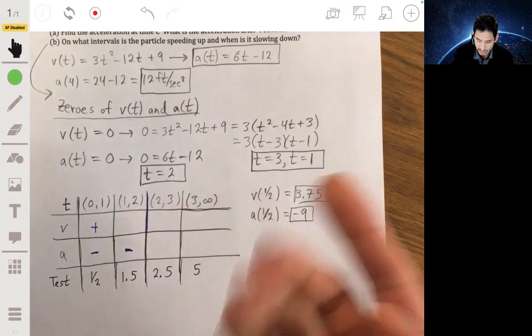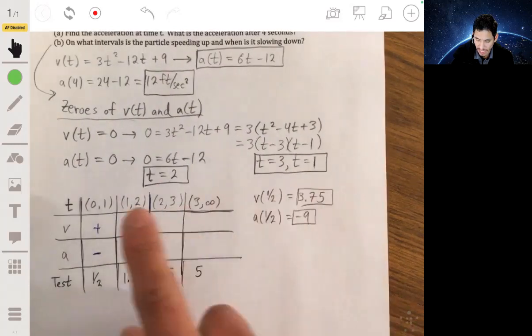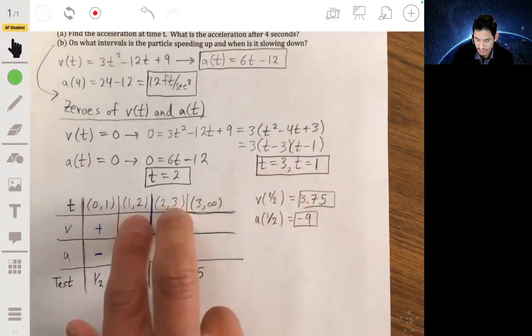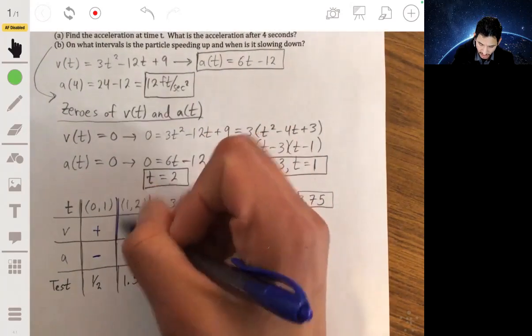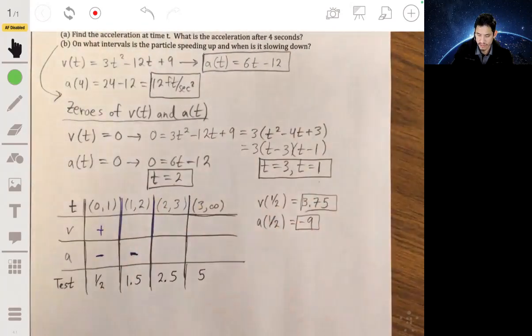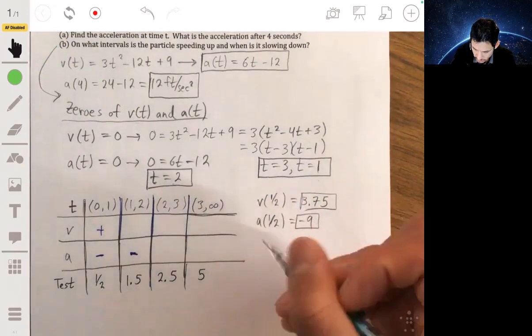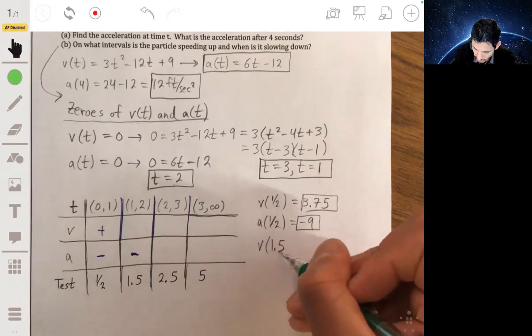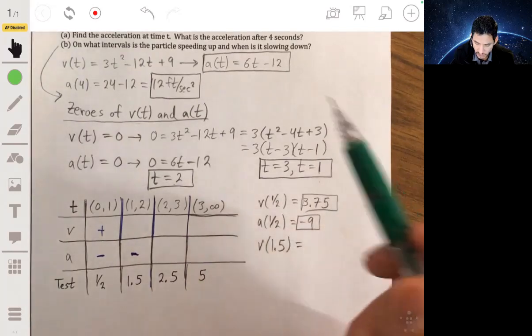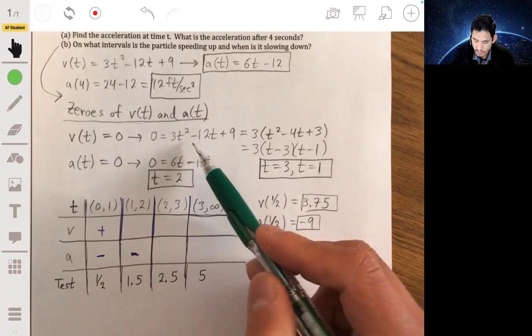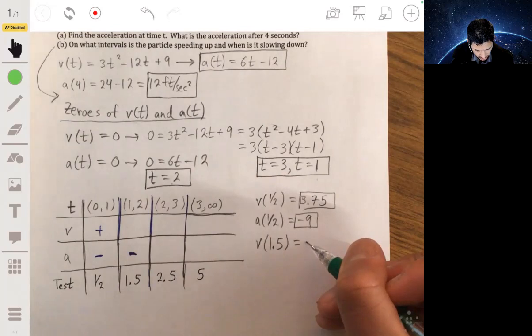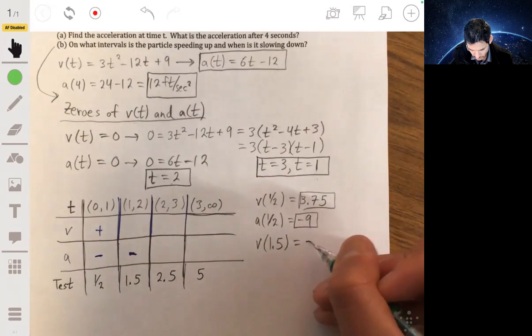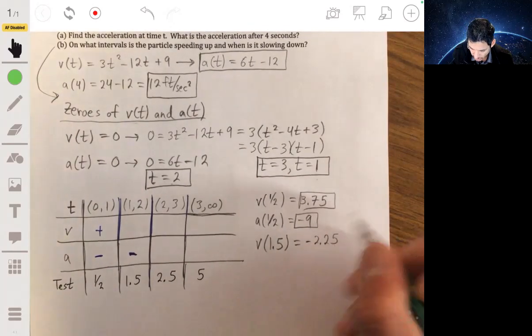Now, same idea for velocity. It's divided at 1 and at 3, so I can just have the same velocity sign here because my velocity gets divided here and here. But again, it doesn't hurt. So let's plug 1.5 into the velocity equation. So v of 1.5, we'll plug it into here or here, and you're going to get negative 2.25.